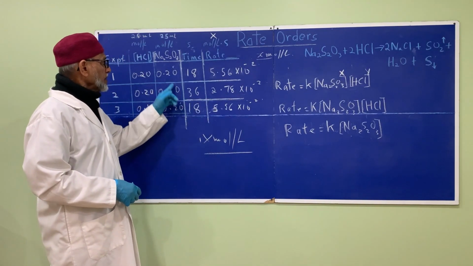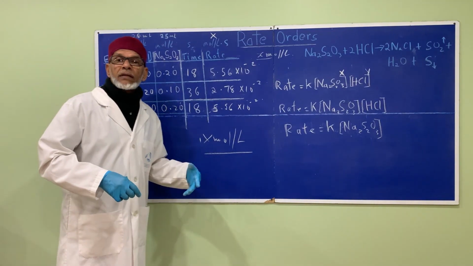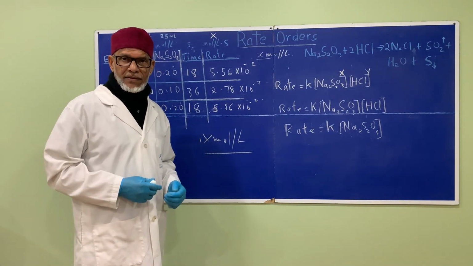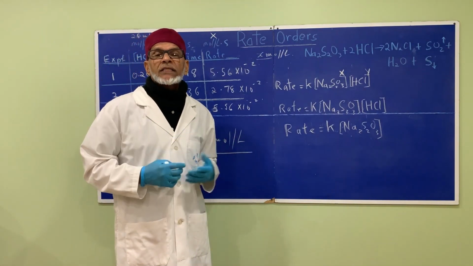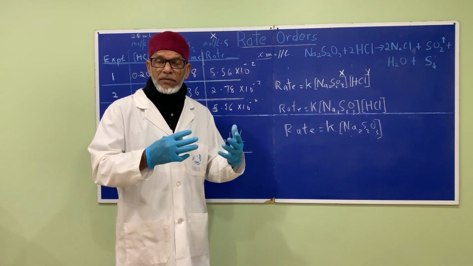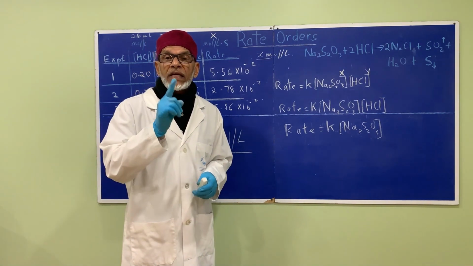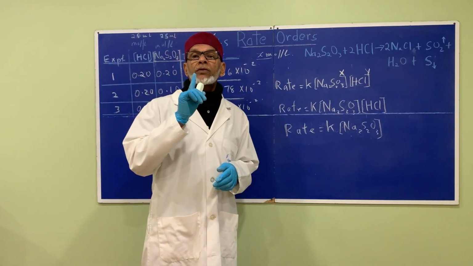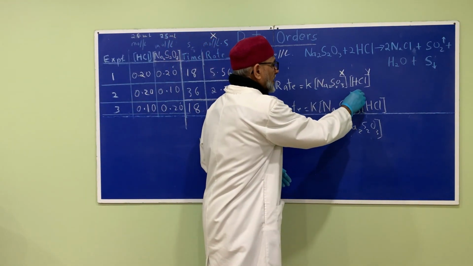When we double the concentration, look what happens to the rate. The rate is doubled. So this is the deal. If when you're doing these experiments, the concentration of one of the reactants is doubled, and the rate is also doubled, we will say that it has a rate order of 1. So now this x is replaced by a 1.